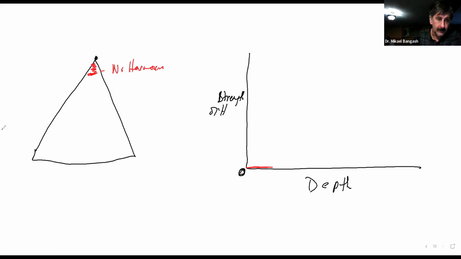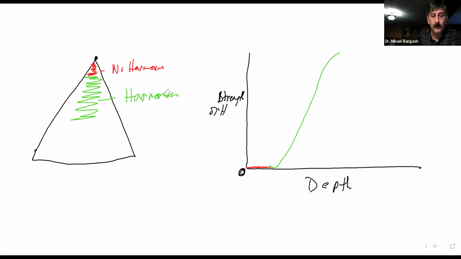Where it just starts to develop or increase over these depths here, that is where we have harmonics. We could have made this into a traffic light, but anyways. Then it disappears again, like this.